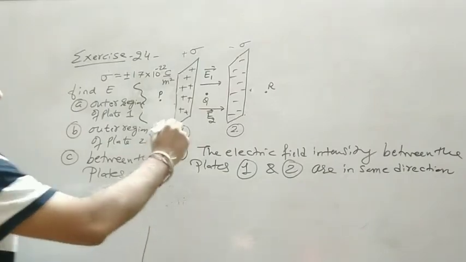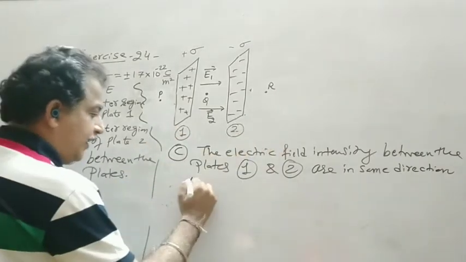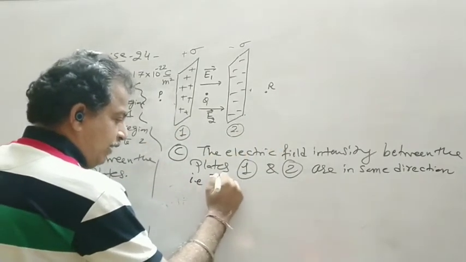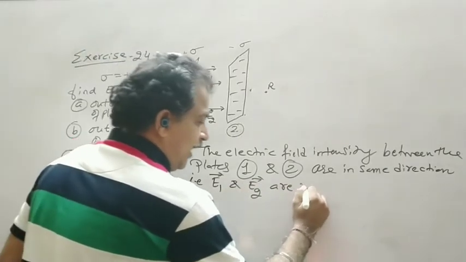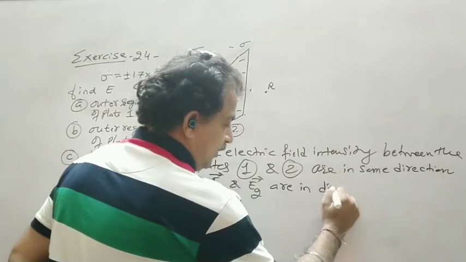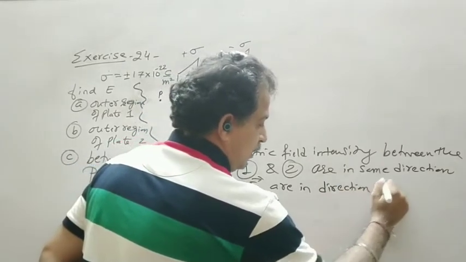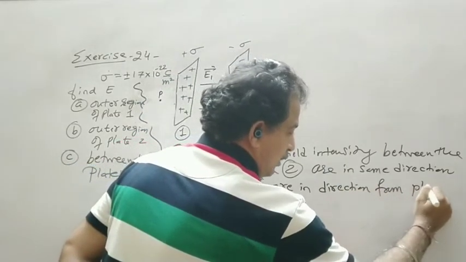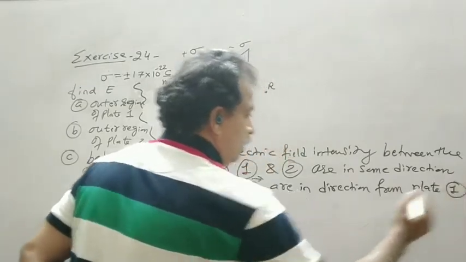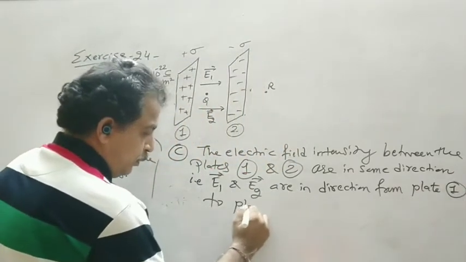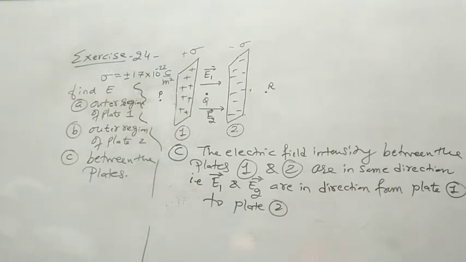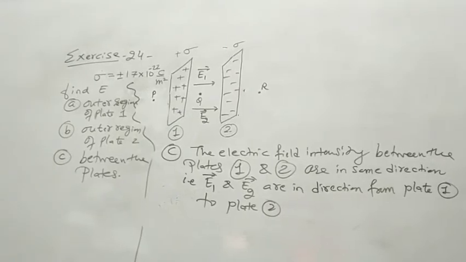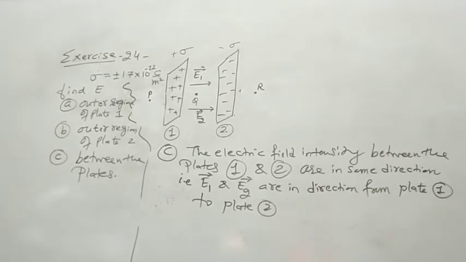That is from plate 1 to plate 2. That is, the E1 vector and E2 vector are in the direction from plate 1 to plate 2. So the direction is the same. Now we have to find out the magnitude of the electric field intensity.